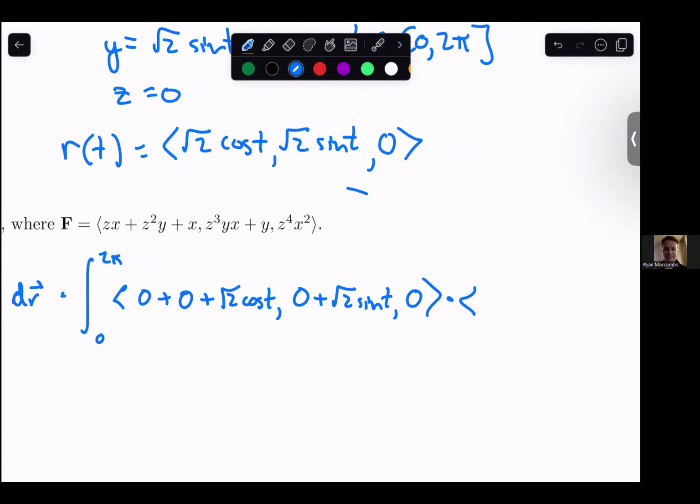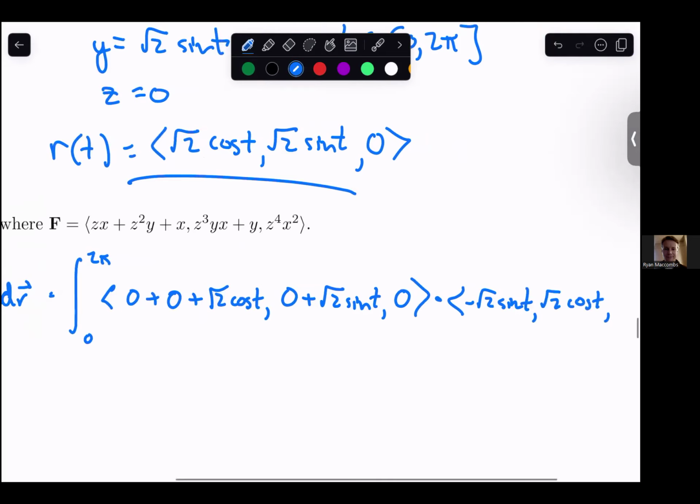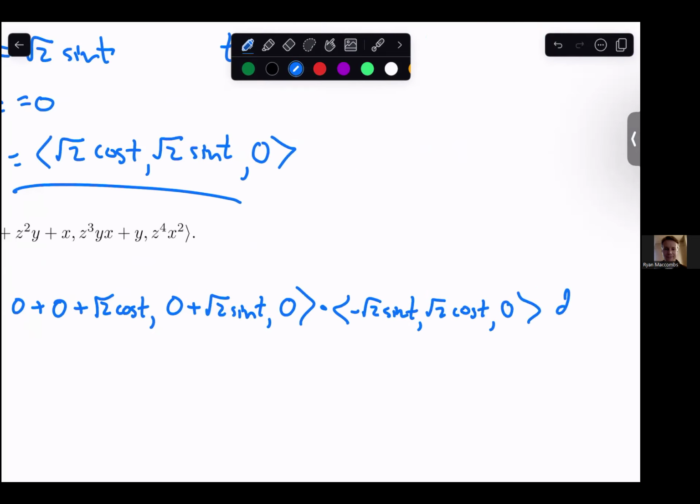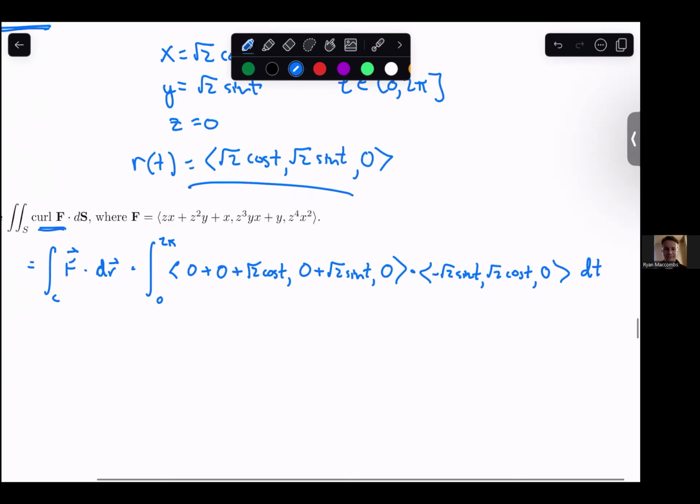So let's see, I need to take the derivative of this. So I'm going to have what? Negative root 2 sine, and then I'm going to have root 2 cosine, and then the derivative of 0 is just 0. So if I was to go ahead and evaluate my dot product here, I would have negative 2 sine cosine. Here's my first component times my first component, so root 2 and root 2 makes the 2.